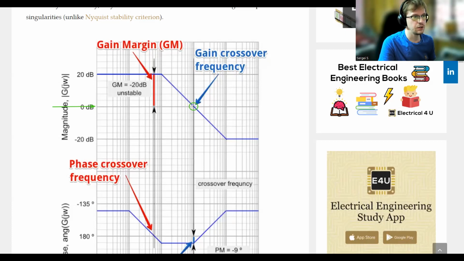We have to really hope that at this same frequency, so if we go down, at the same frequency, we don't have at the same time the phase plot be at -180 degrees. In fact, at this frequency, the plot is a little bit above -180 degrees.